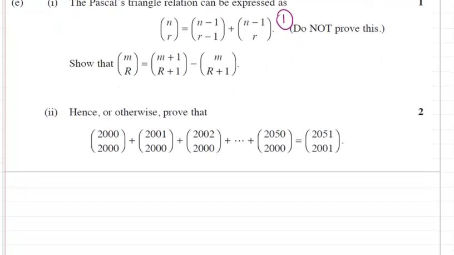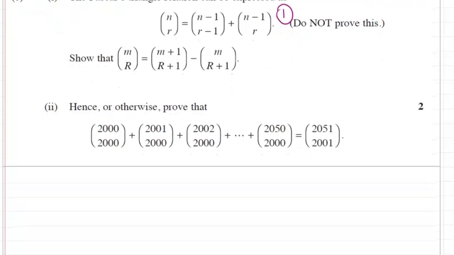So let's notice the structure of equation 1. It's involving n and the previous number, n minus 1. It's involving r and the previous number, r minus 1. Let's look at what we're obliged to show and notice that it's involving m and the next number up, m plus 1, and r and the next number up, r plus 1.